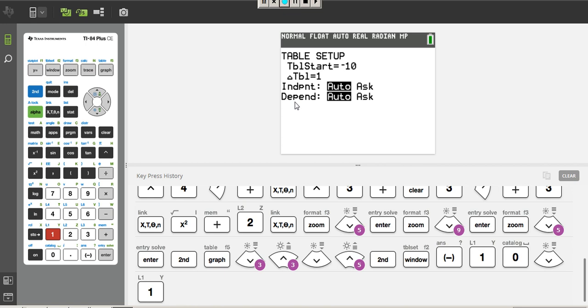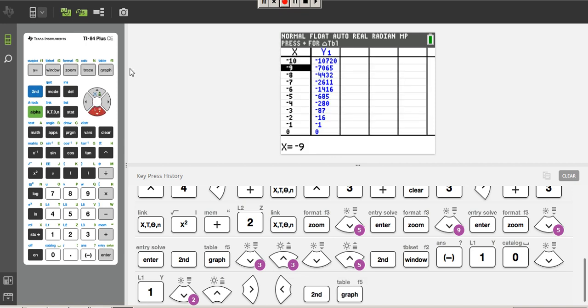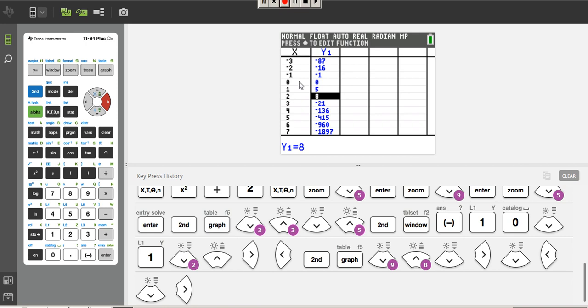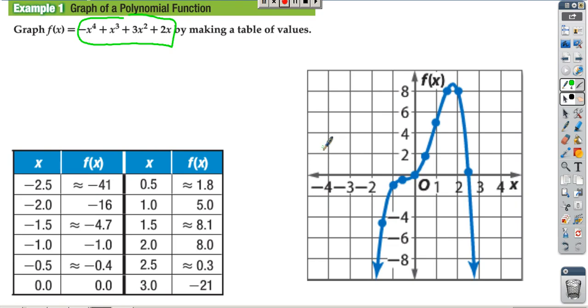I want them to go up by 1. These other ones, if it says ask, that will allow you to plug numbers into the table, but we just want them to do it automatically, so we'll put auto. We'll go back to second table, and now you can see what all these values are for the polynomial. We can scroll down, and this tells you, for example, the 0.00 is on this graph, the 0.15, the 0.28, and so on. That's how you graph using the calculator.